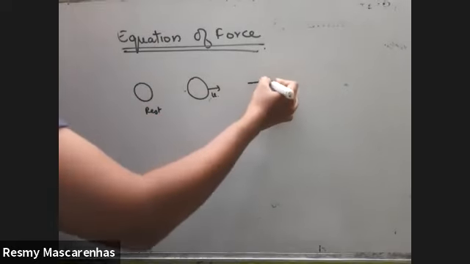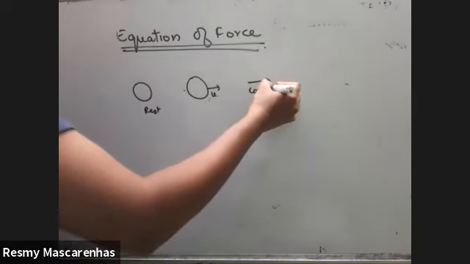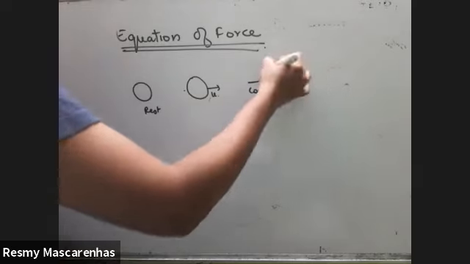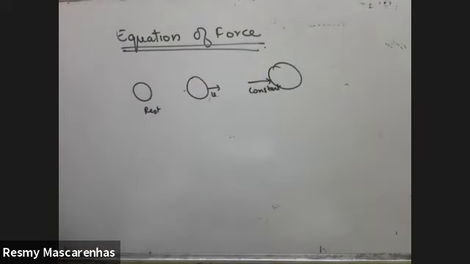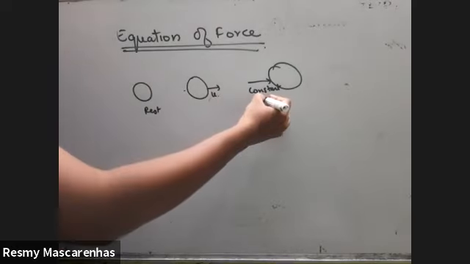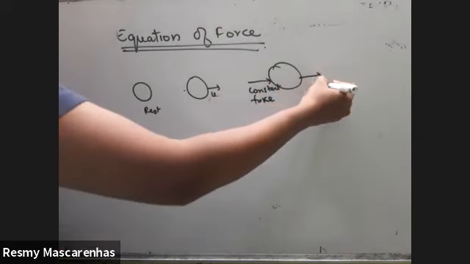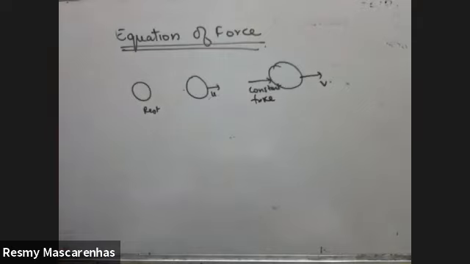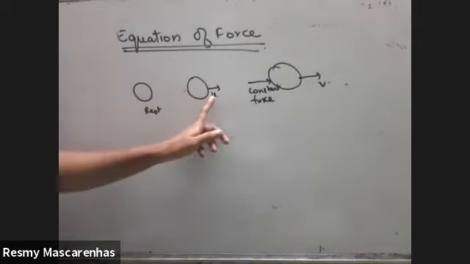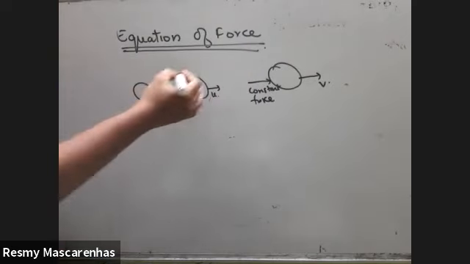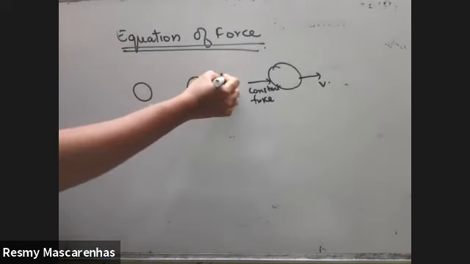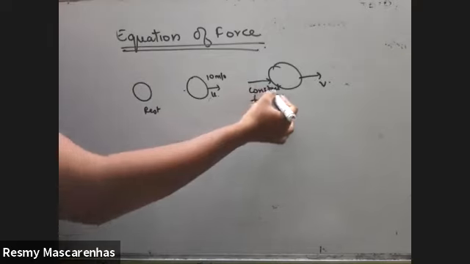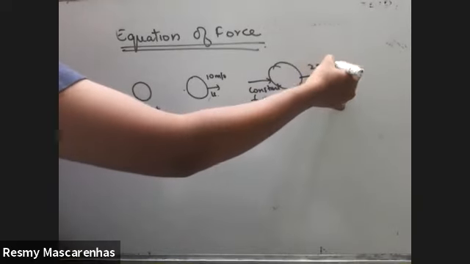Then suppose I'm applying a constant force, because it has to keep moving at some point. If I'm applying a constant force, then this will have some velocity. Definitely this was having some initial velocity. Suppose it was moving at 10 meter per second. Now I applied some force which will move it at 20 meter per second.